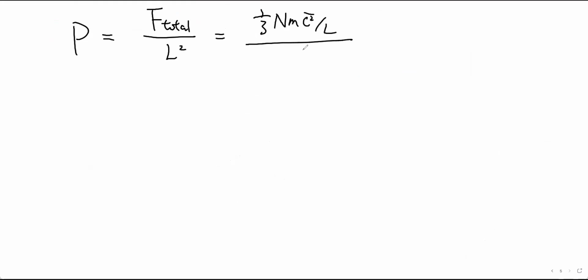Now, pressure can be written as total force divided by area. The area is L squared. Take a look at the diagram. So the force is 1/3 mN c squared average divided by L, and divided by L squared.